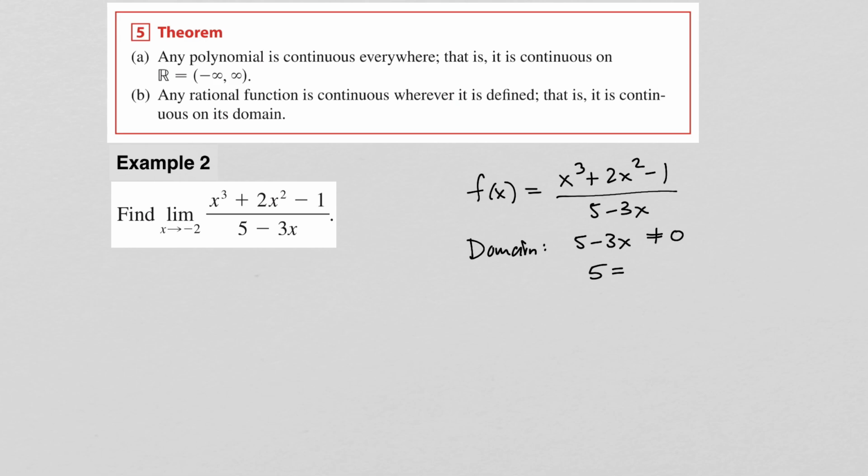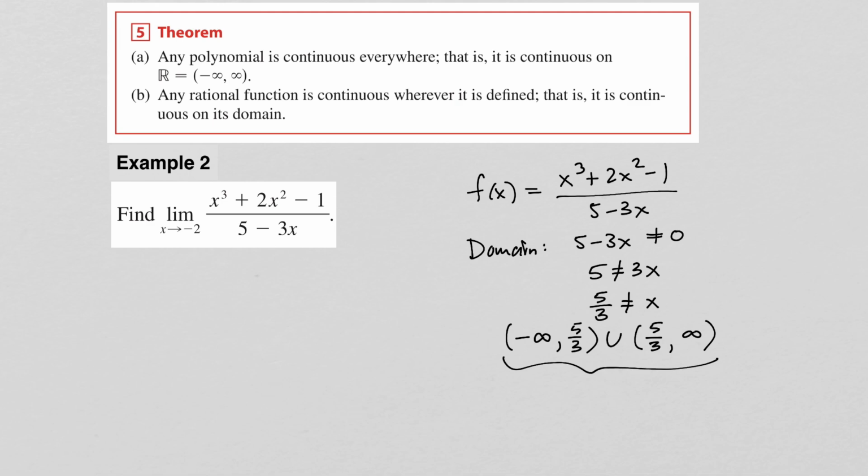So if 5 minus 3x is equal to 0, then 5 would have to be equal to 3x, and that would mean that x would be 5 divided by 3. So that can't be true. Okay, so the domain of this function is all numbers from -infinity up to 5/3 union all the numbers from 5/3 up to infinity. So this is the domain.